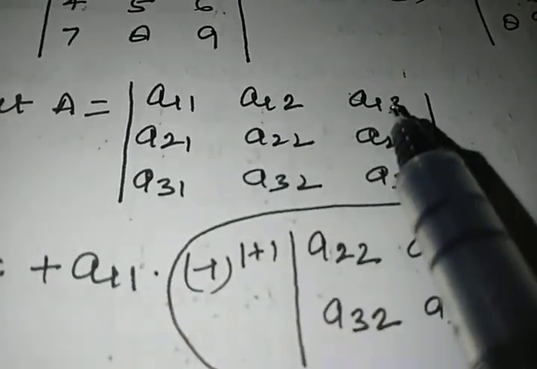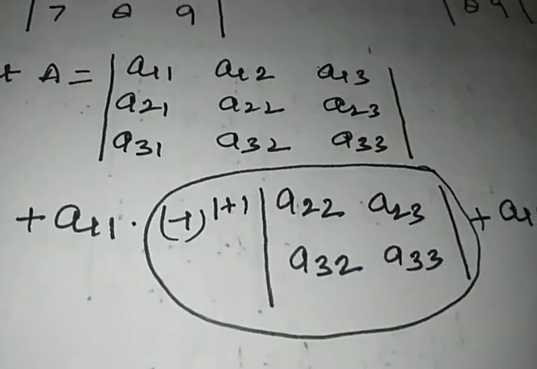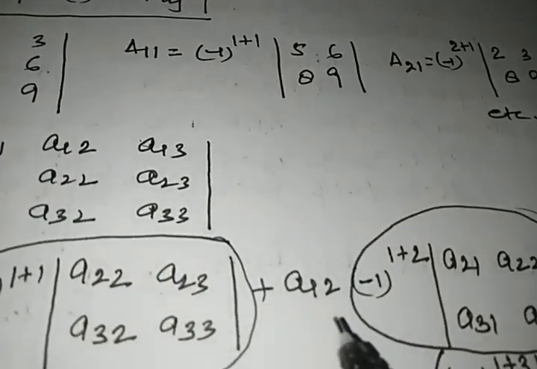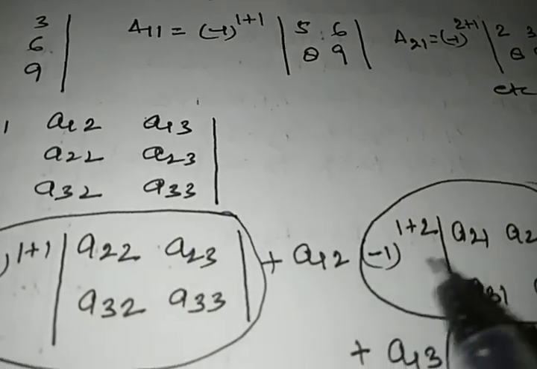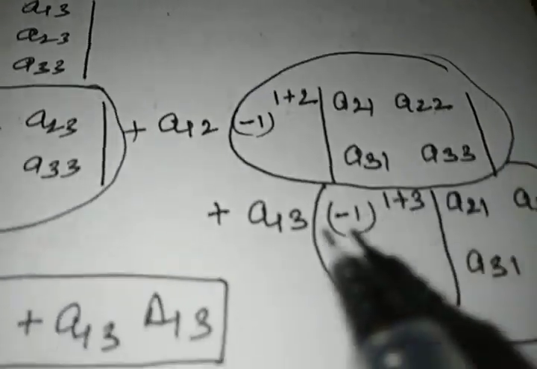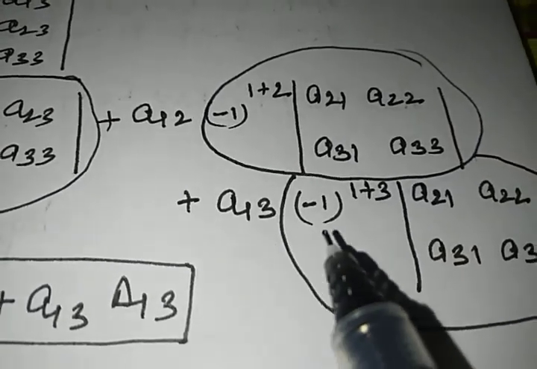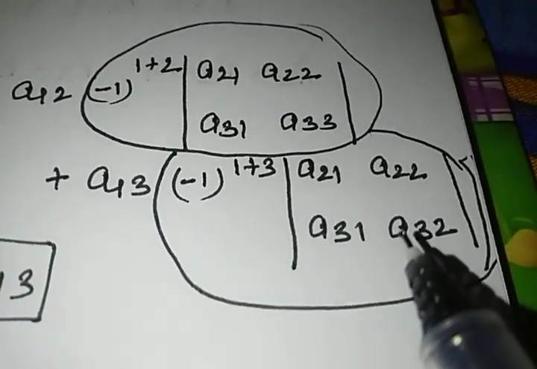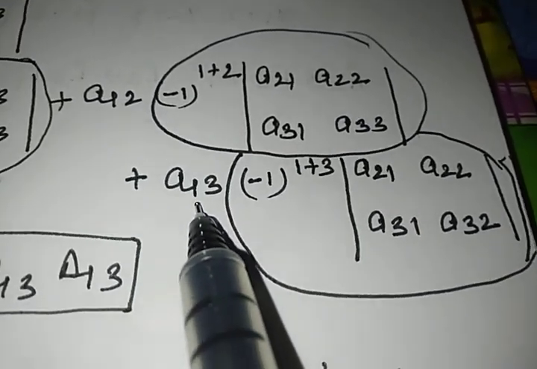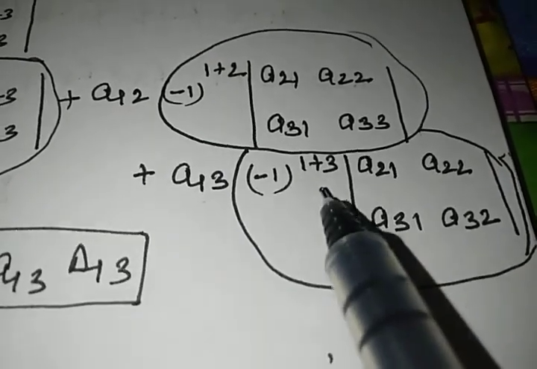So they are given by row. This is the first one. Then second one, A12, its sign will be negative, then its cofactor will come here like this. Then A13, sign will be minus 1 to the power 1 plus 3, and like this. This is a simple expansion you have done. Only the chronological order I have written here in A13 and sign, etc.